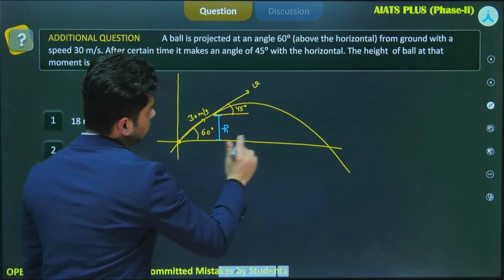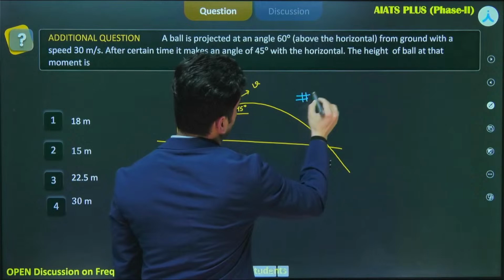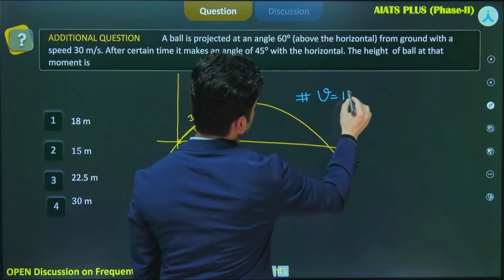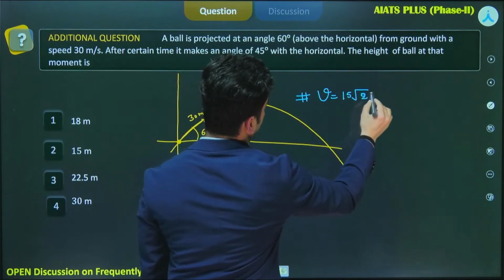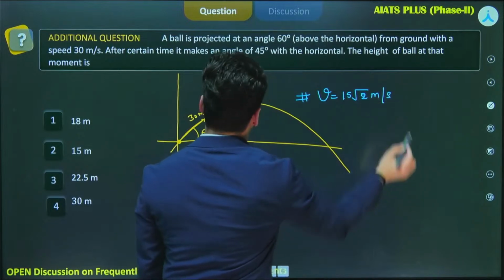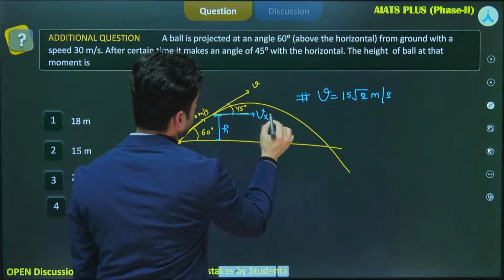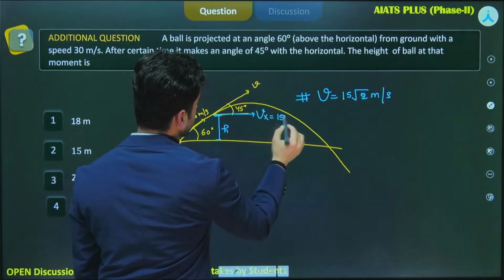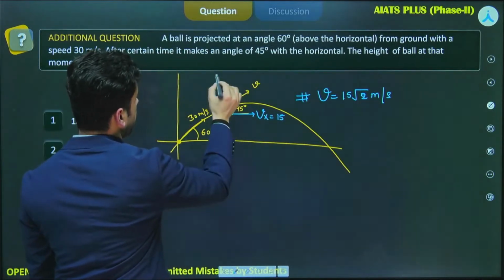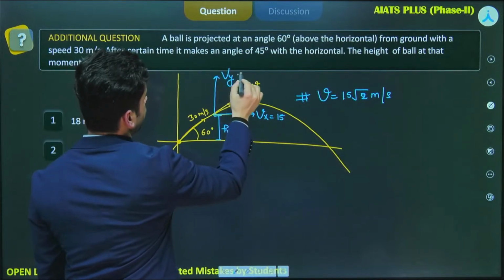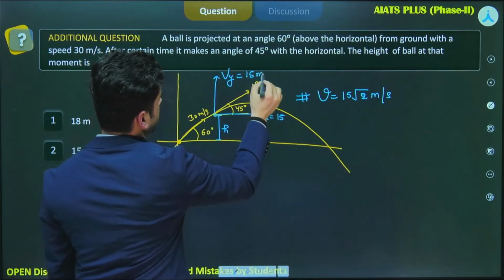So in the previous problem, we just calculated that V is coming out to be equal to 15 root 2 meter per second. It means that this Vx will be equal to 15, and this Vy will also be equal to 15 meter per second.